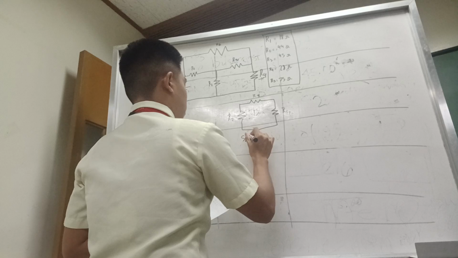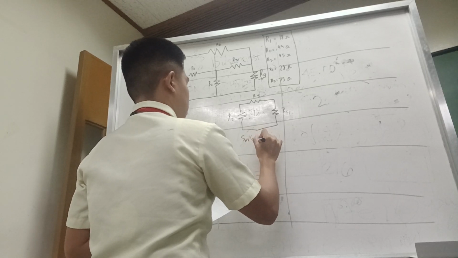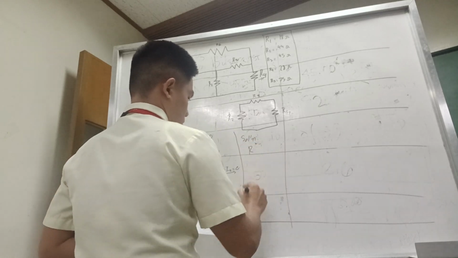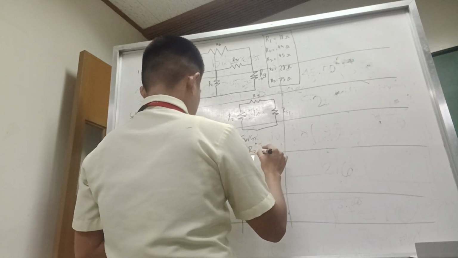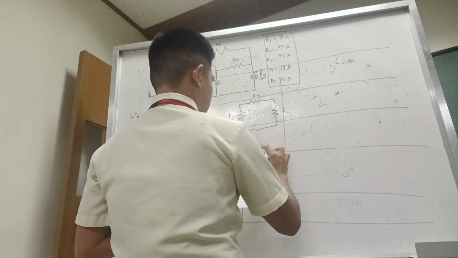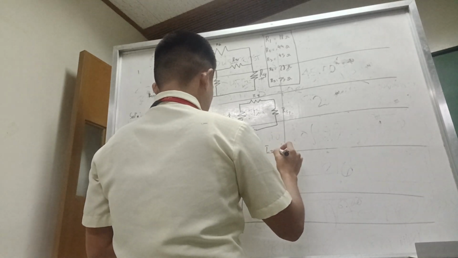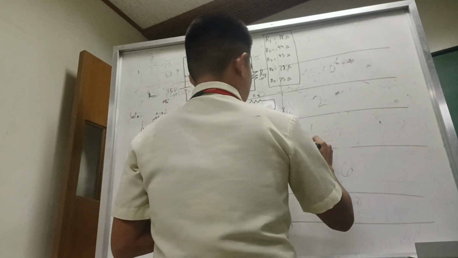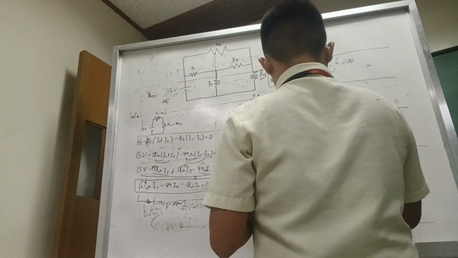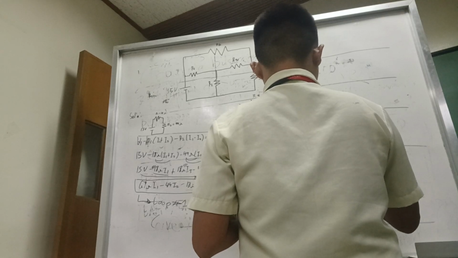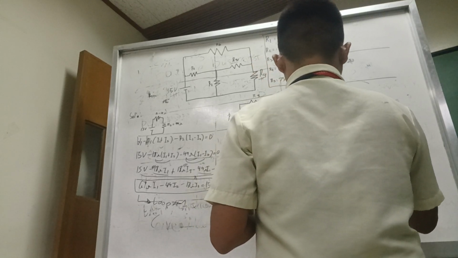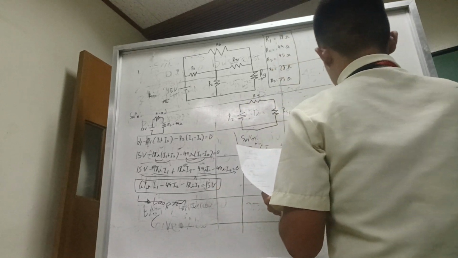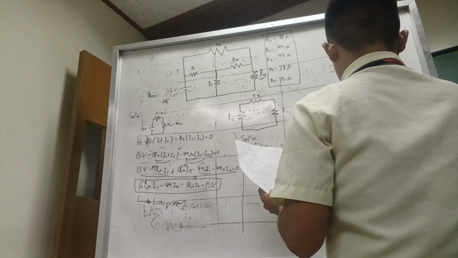So we need to solve this type of problem now. So R2, the formula is R2 and this is I2 minus I1, plus R3 times I2 minus I3. Just follow my words to know what the formula for this circuit is.